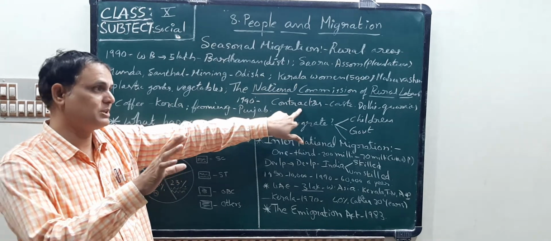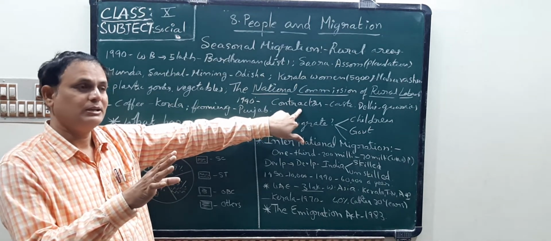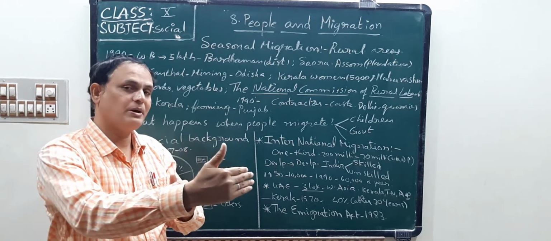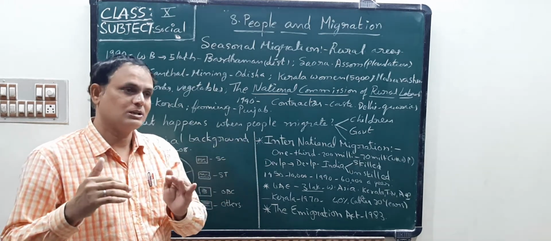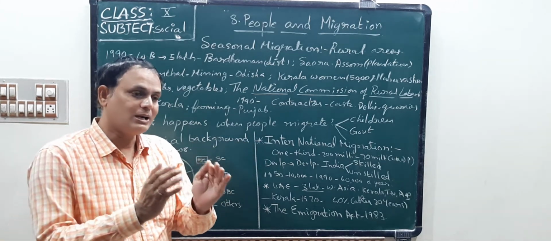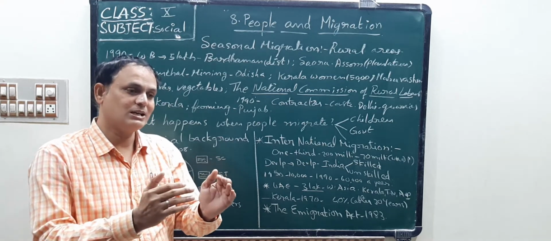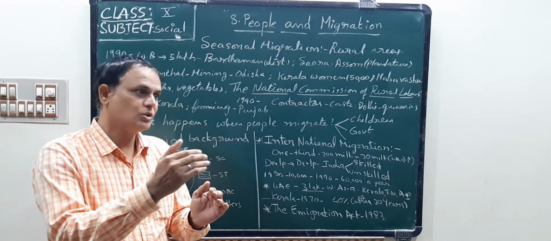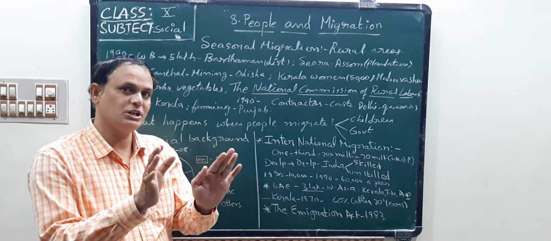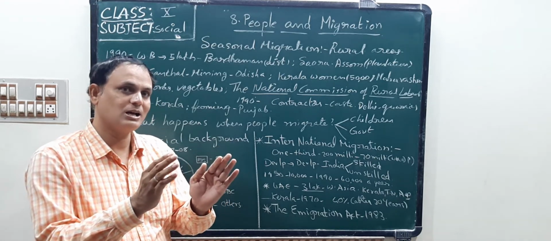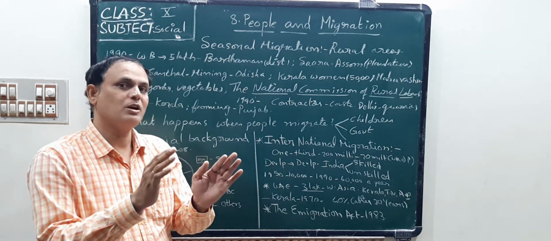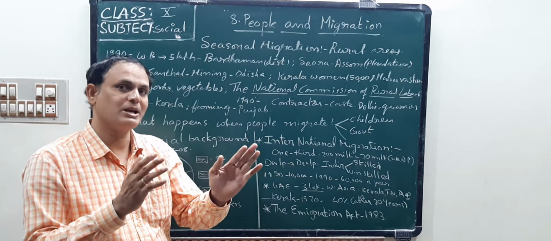They do not search for jobs. Okay, the middlemen. Who are the middlemen here? Between the labor and the construction sites, the contractors are there. These contractors will call this labor and show the job opportunity. So here contractors play a key role in providing employment opportunities to these migrants.